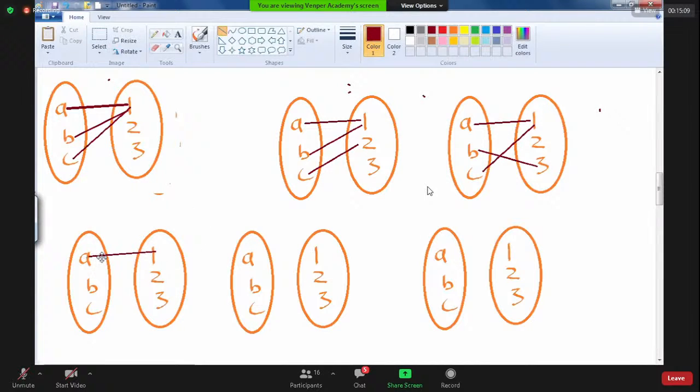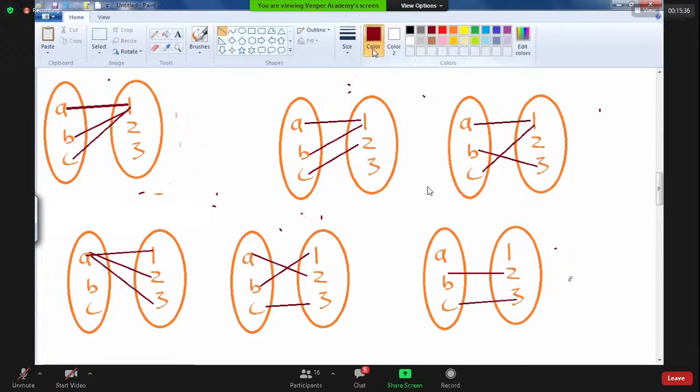Here A is related to 1, A is related to 2, A is related to 3. That's all. It will clear all of your doubts.